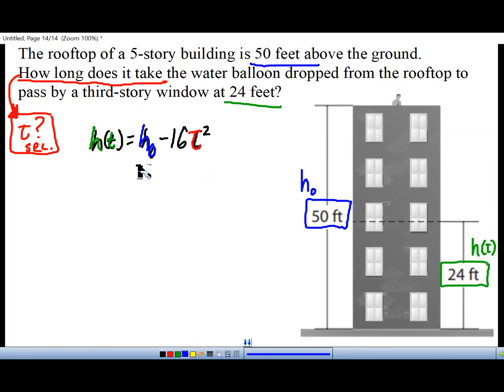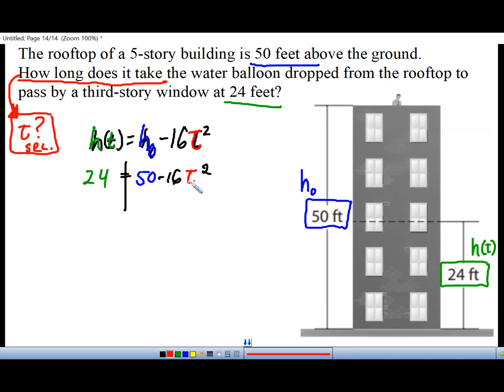Here we have 50, which goes right underneath h sub 0. And h of t is 24 on the left side of the equation. Then we bring down the equal sign, the negative 16, and the t squared.